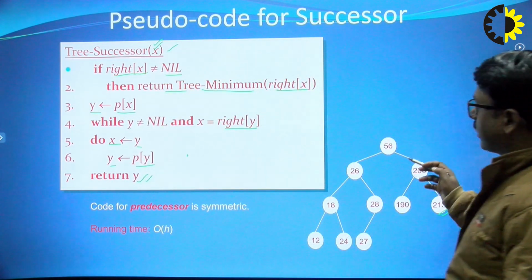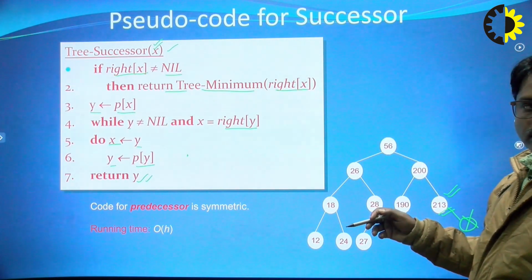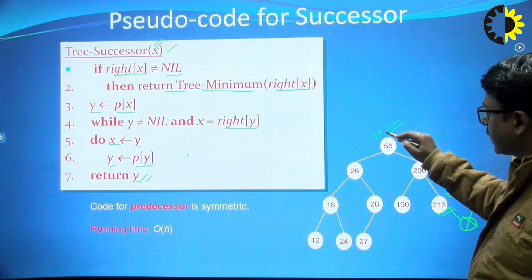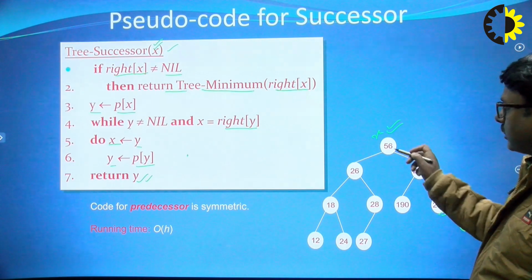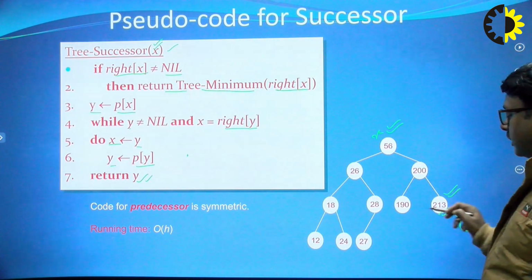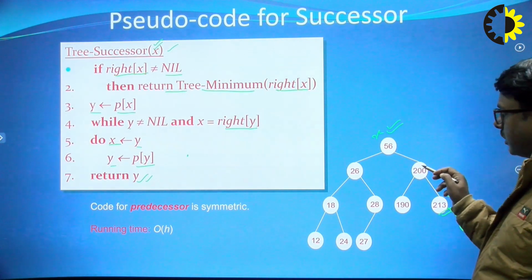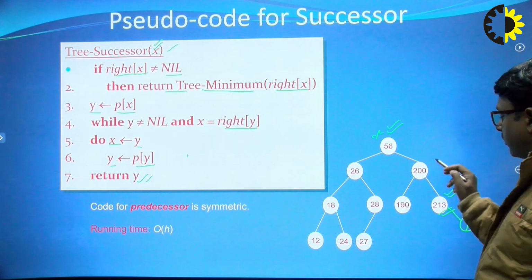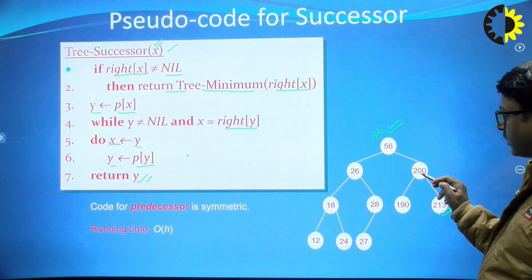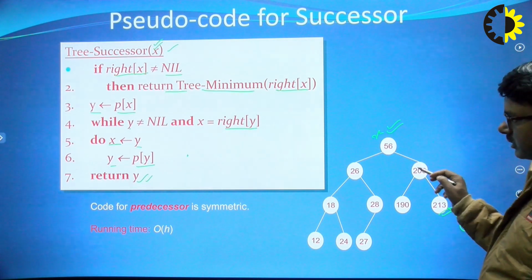What we are doing is trying to find the successor. Successor means, if this is x, 56, and we compare here, right of x is not nil. As we can see, the right of x is not nil. Then we return tree minimum of right of x. The tree minimum of right of x means 190.